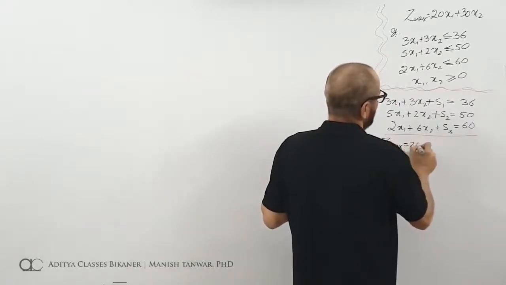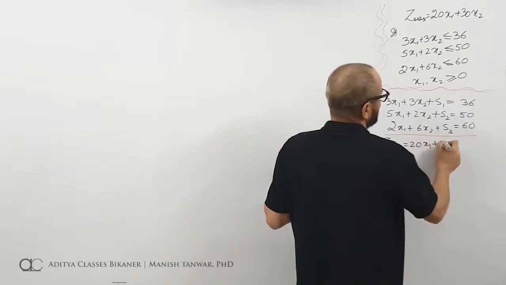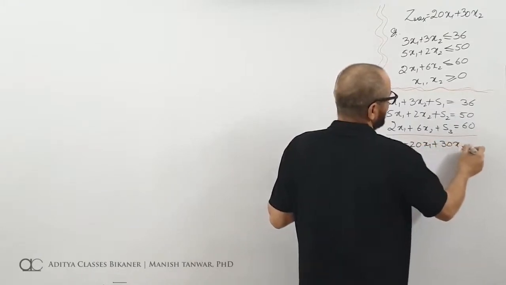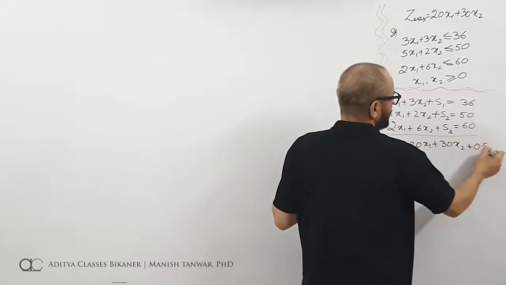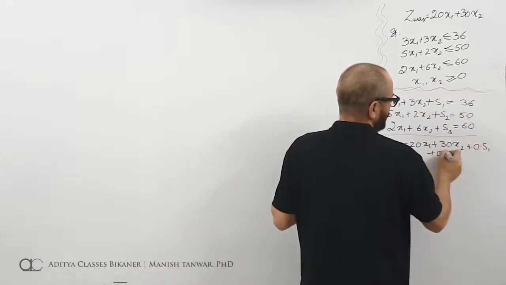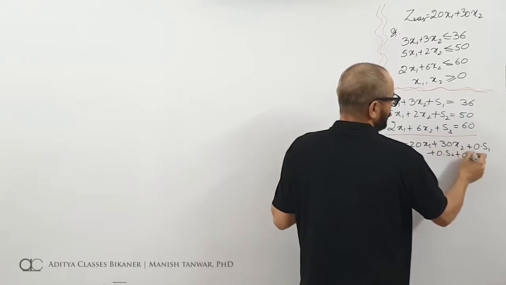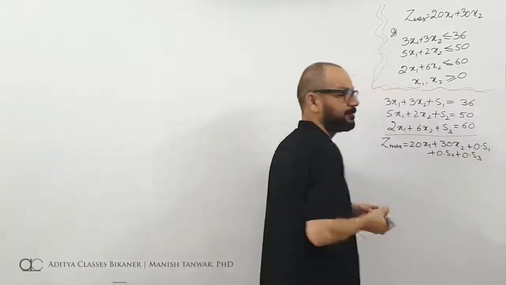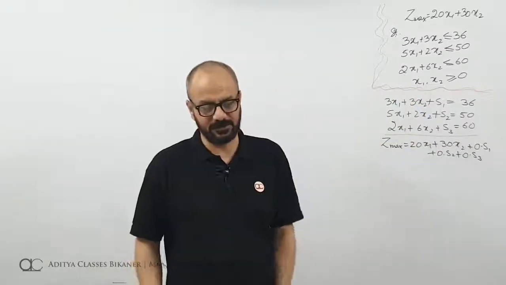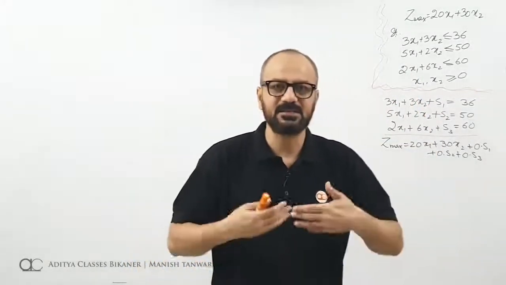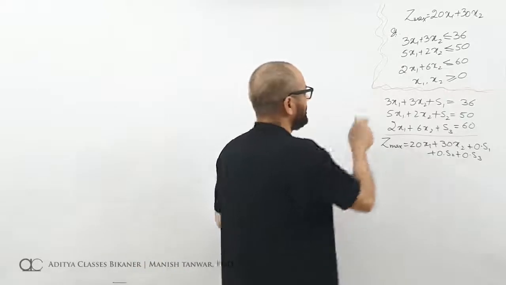Zmax is equal to 20x1 plus 30x2 plus these 3 variables, 0 into s1 plus 0 into s2 plus 0 into s3. Now I have included all these variables in my objective function. So this is how I start my simplex.